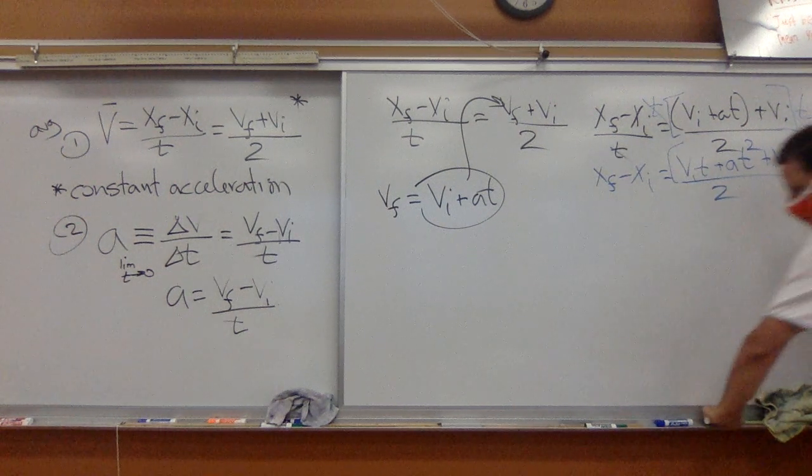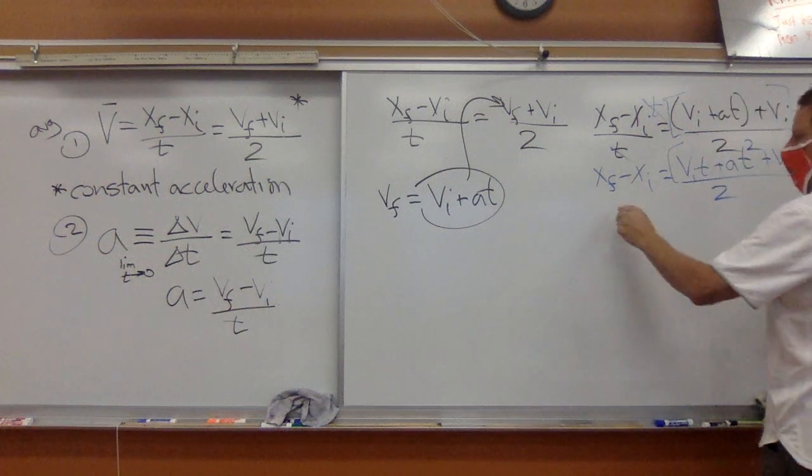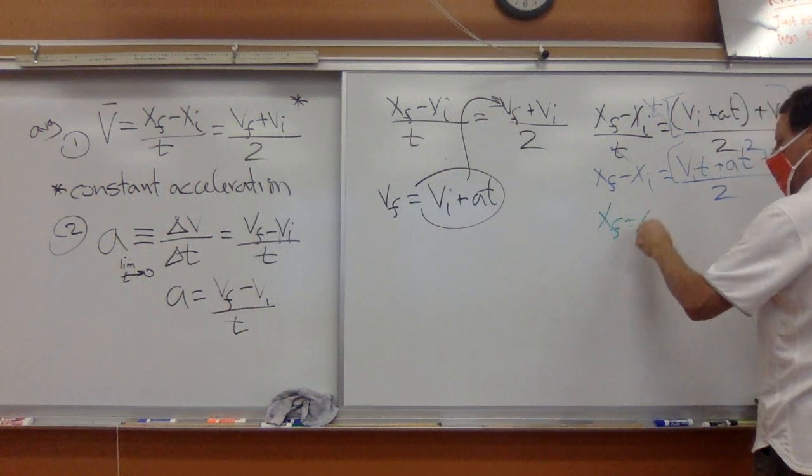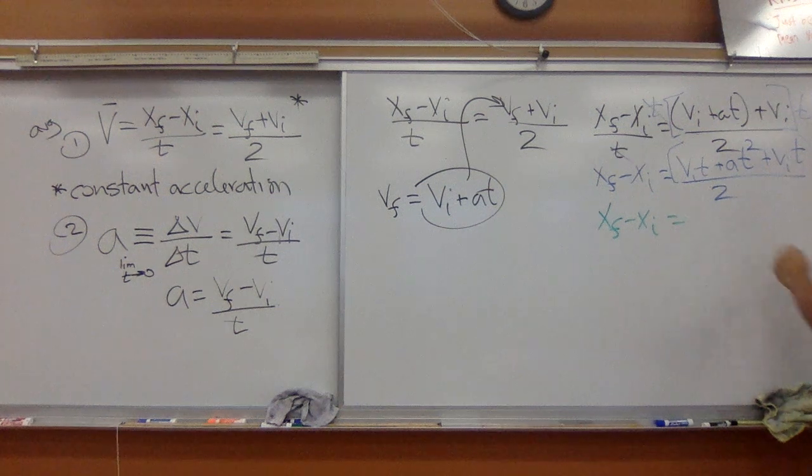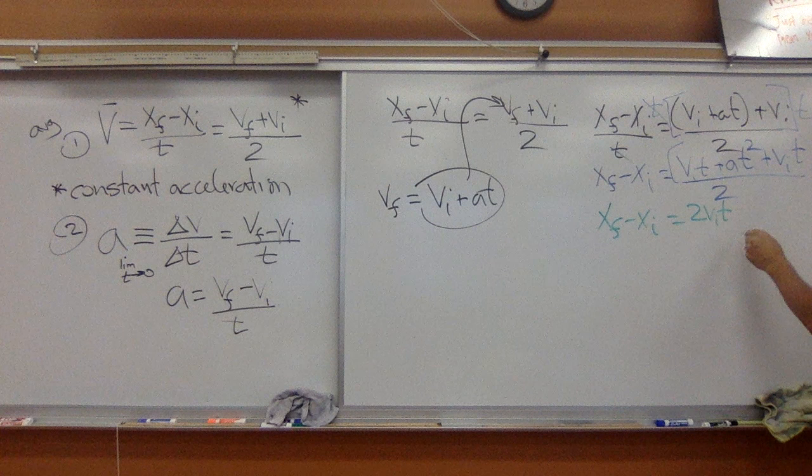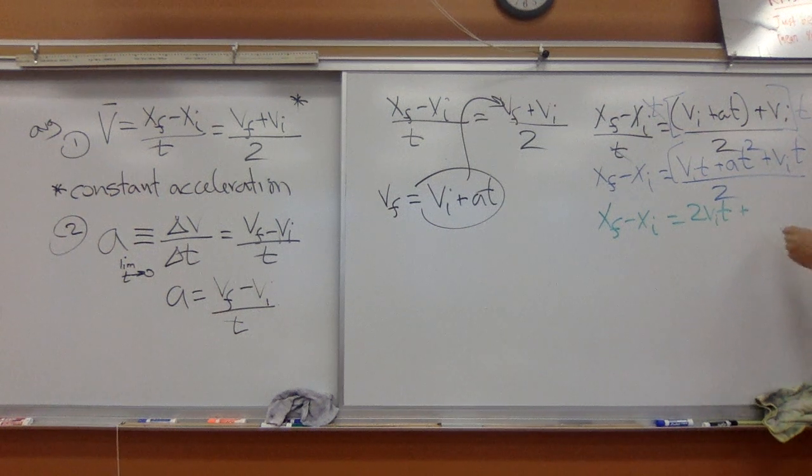Now we're going to have x final minus x initial is equal to a v initial t and a v initial t, which is 2 v initial t, plus at squared, all over 2.